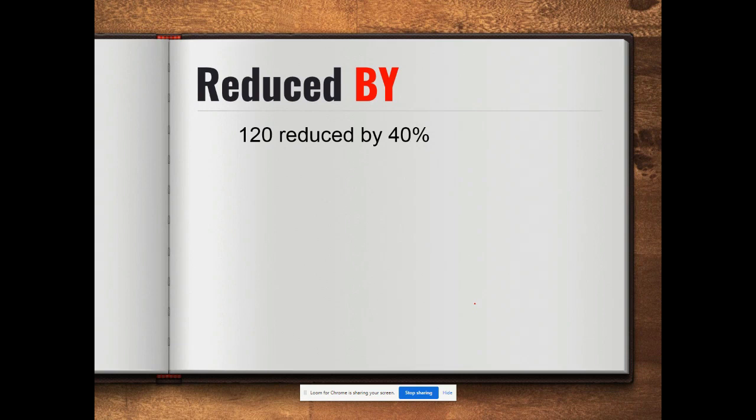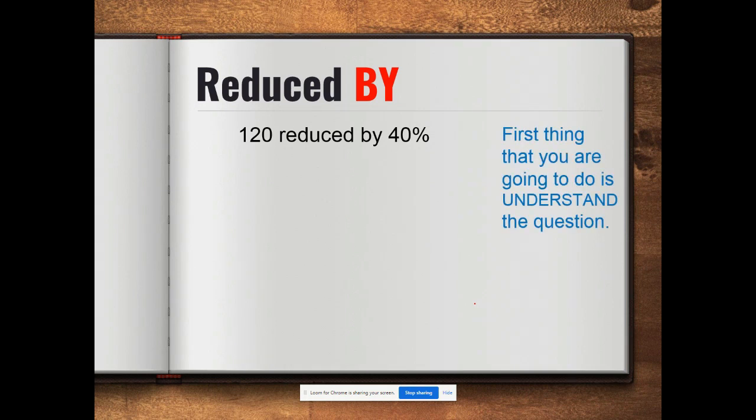So let's try reduced by. 120 reduced by 40%. First, again, understand your question. It means minus because we use the word "by". So 120 minus 40% of 120. And all you need to do is simplify.